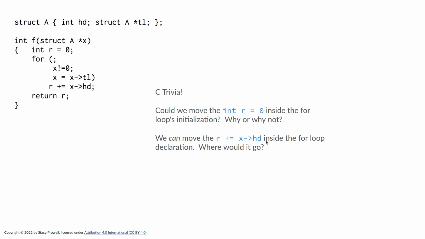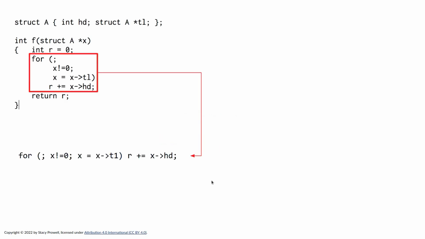Can we move this inside the for loop? Well, we can in fact do that. Where would it go? Well, this code has to happen before this code happens. So we would take this line right here, put it right before this line, and put a comma between them. I'm sure you're all familiar with the comma operator in C. Okay, a few bits of C trivia for you.